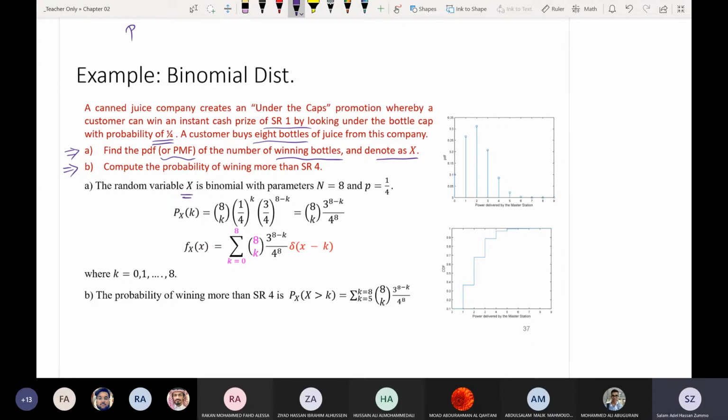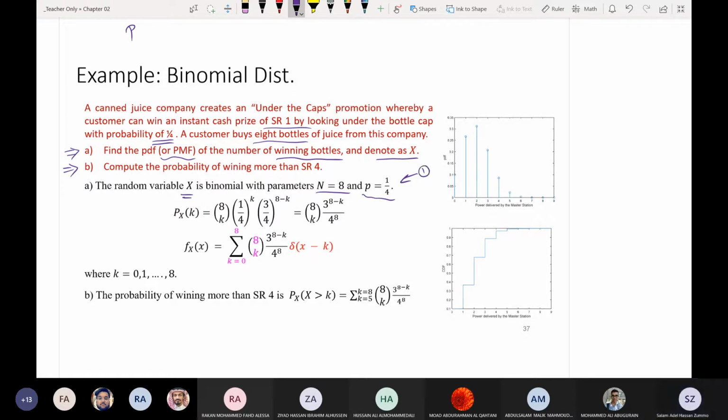The random variable X has n equal 8, because the man bought 8 bottles, right? And p equals 1/4. This is the first step: identify the parameters of the random variable.